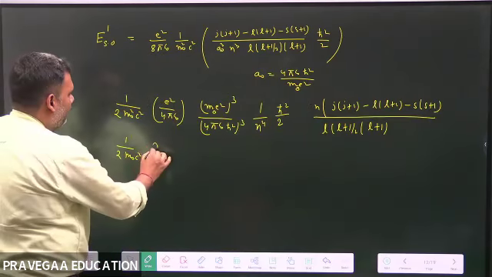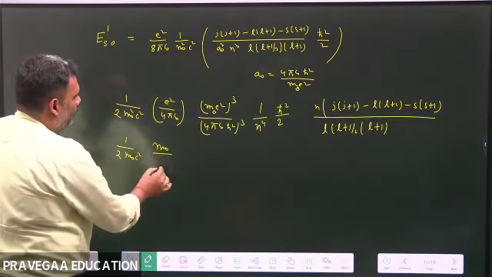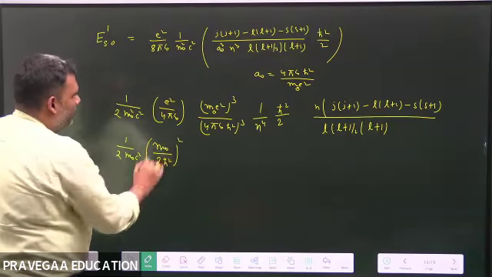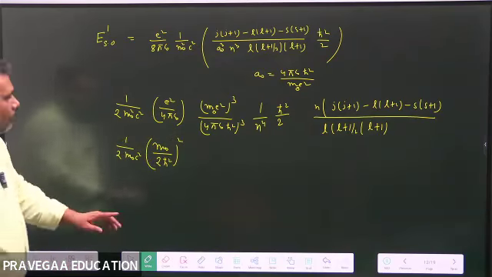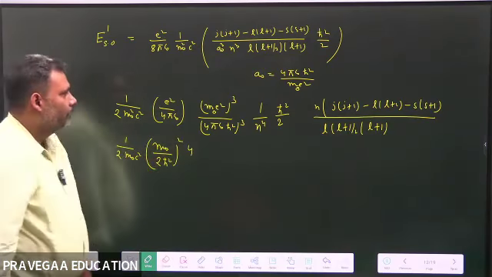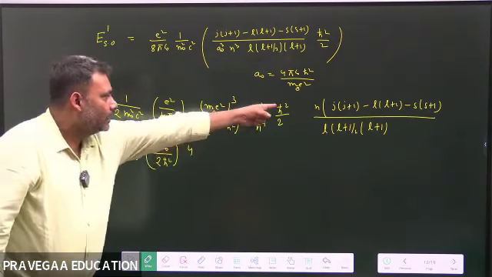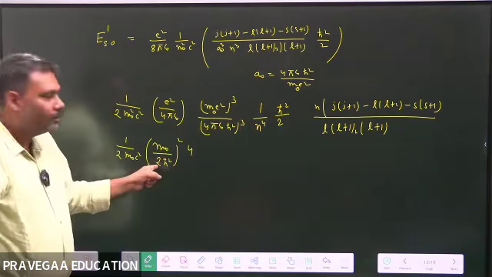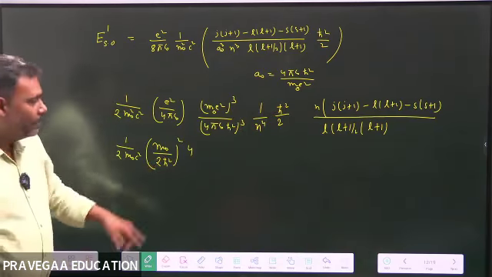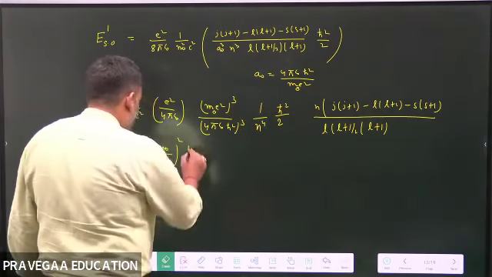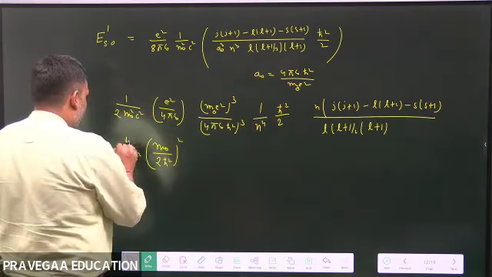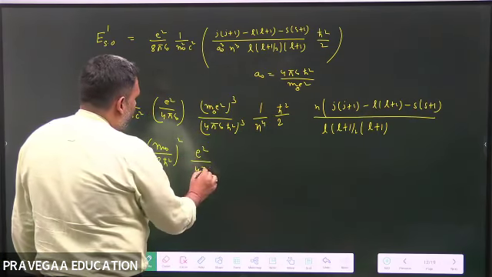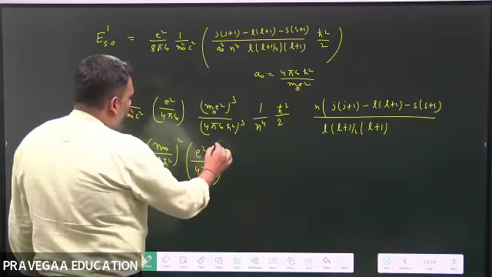So I can write m naught upon 2 h cut square whole square. So what I will do, I will multiply with 4. So one h cut square, one h cut square will cancel, and one h cut square is there, so I will take it here. Clear? So this is your 4, so I will multiply this 4 here. And here you have e square upon 4 pi epsilon naught to the power 4.